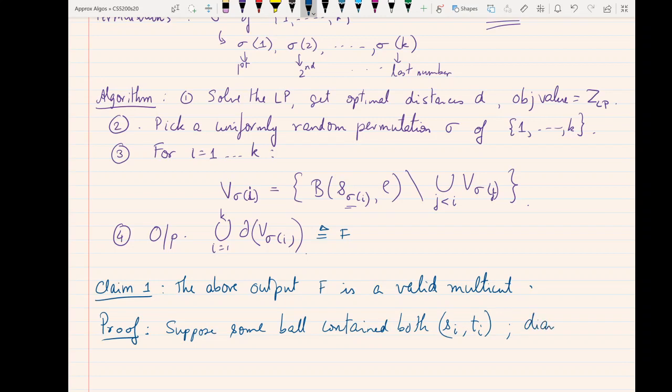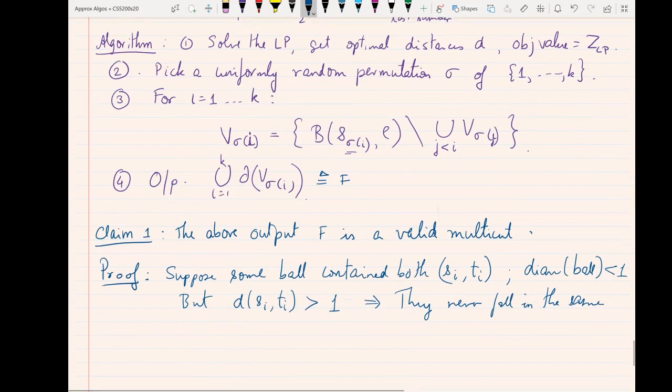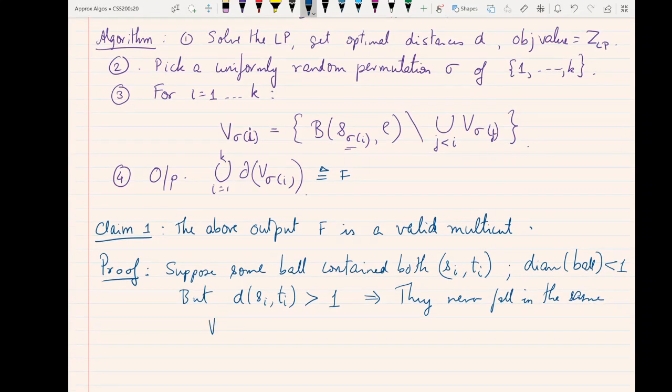The height of the ball is less than 1, but D of S_i, T_i greater than 1 implies they never fall in the same V sigma of i. In fact, this first statement here is redundant.